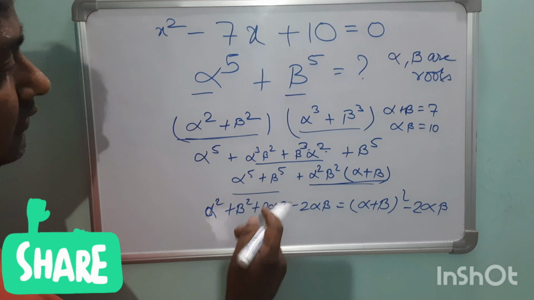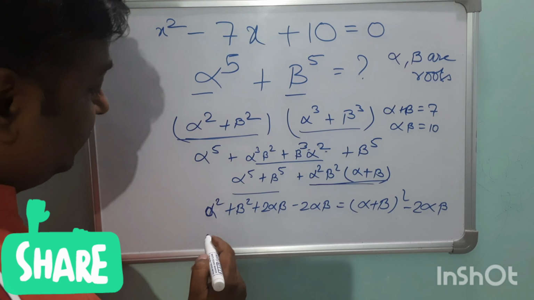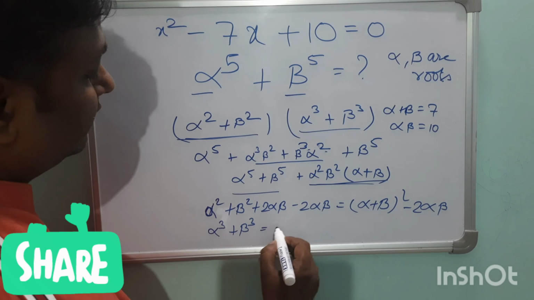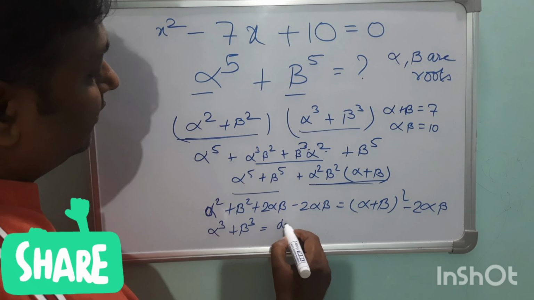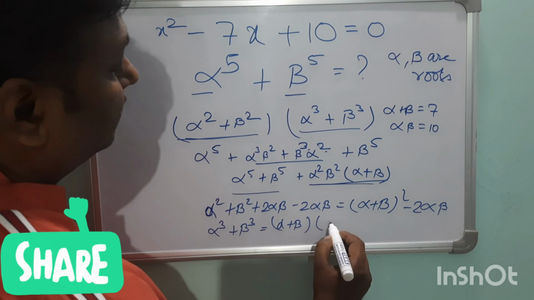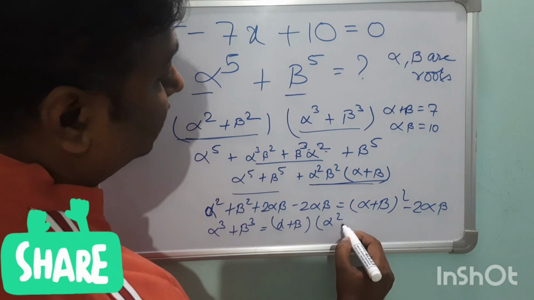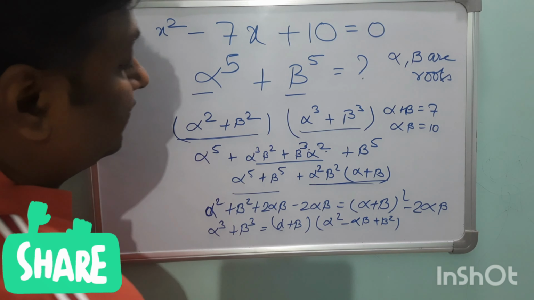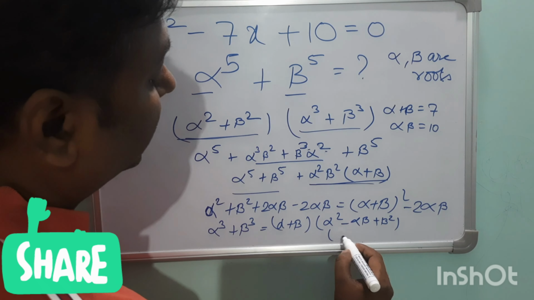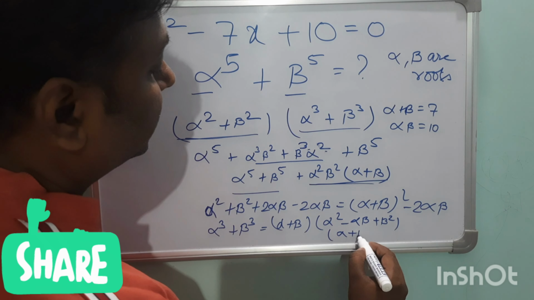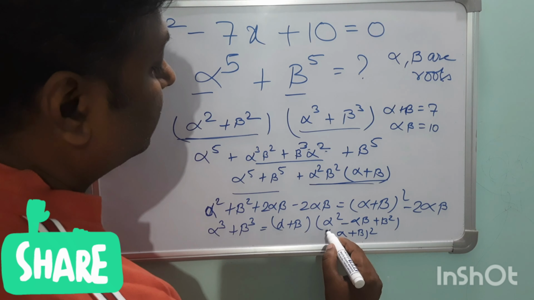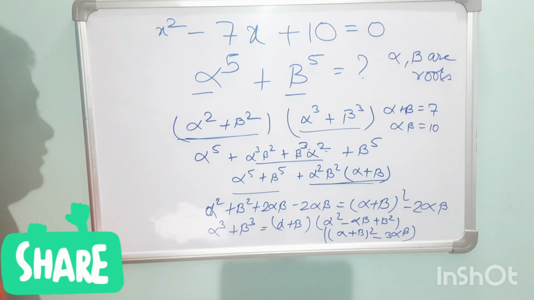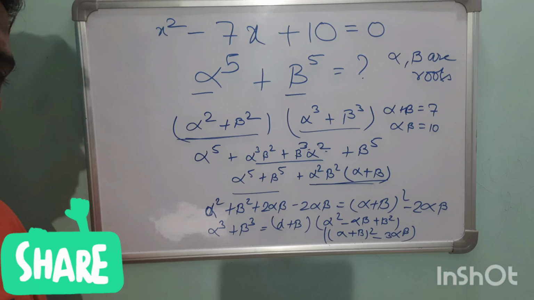Similarly, this one is a cube plus b cube. We will be using the same formula here: a cube plus b cube, that is alpha plus beta into alpha square minus alpha beta plus beta square, or we can say alpha plus beta whole square minus thrice alpha beta. We will be getting the value using this.